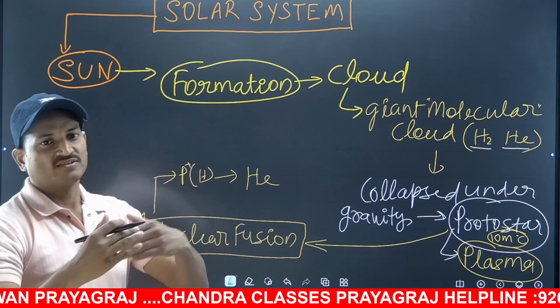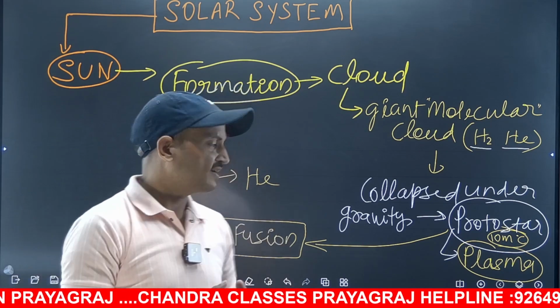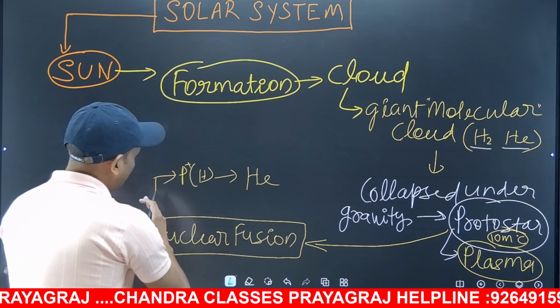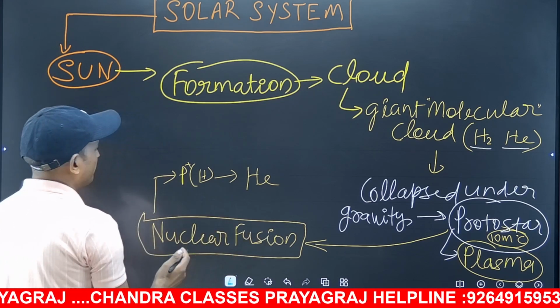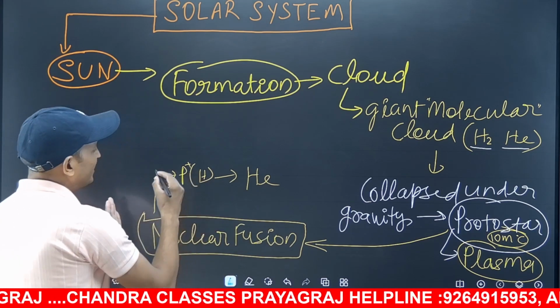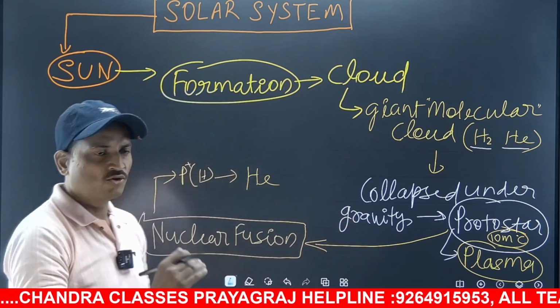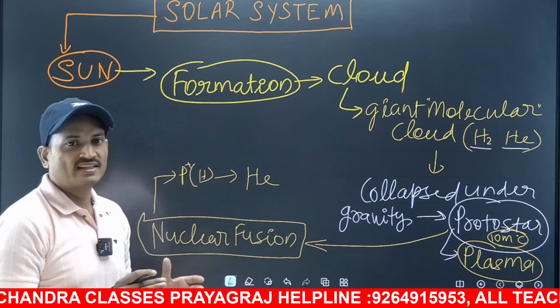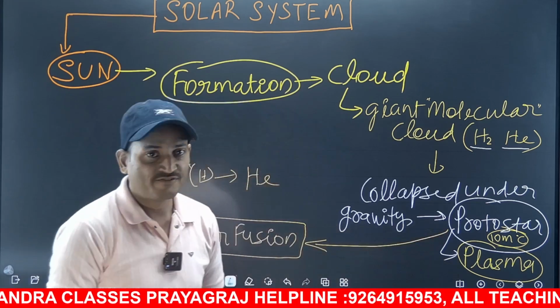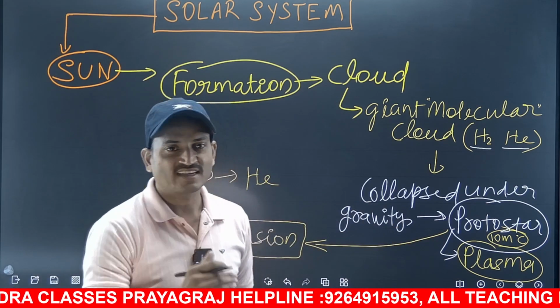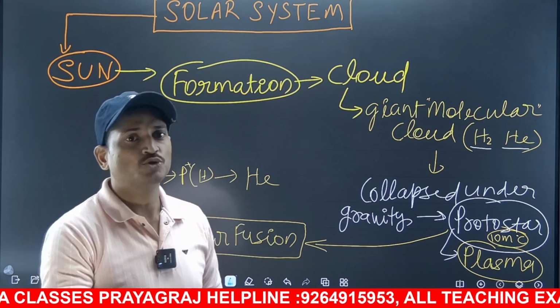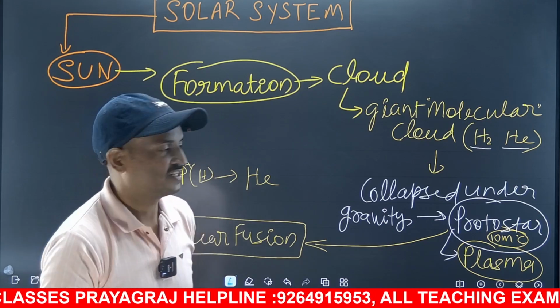Under a process, there is an entire process involved in this fusion, but if we just talk about it broadly, then protons or nuclei of hydrogen fuse together to form helium, and that's why the hydrogen, which is the fuel of the nuclear fusion, starts getting used up, and helium is formed continuously.